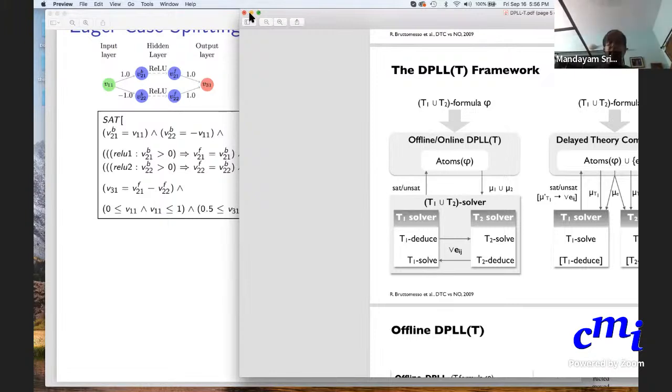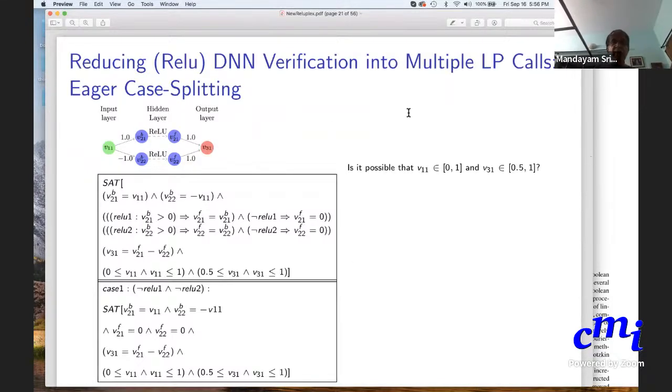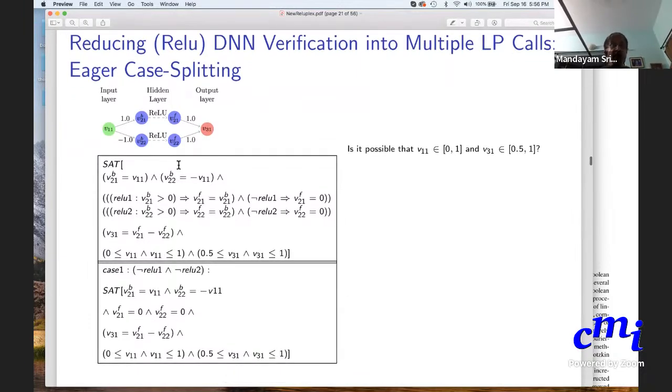And then it essentially boils down to doing a case split on these conditions of whether the backward variables V21B are less than or equal to 0 or greater than 0, because the value of the forward node depends on that.